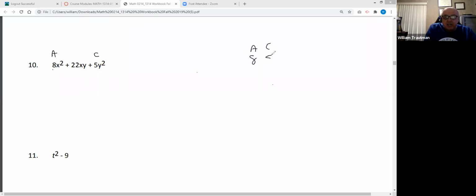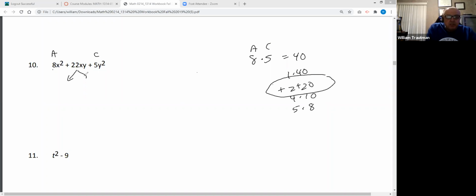8 times 5 is 40. So I have 1 times 40, 2 times 20, 4 times 10, and 5 times 8. Which one equals 22? That's pretty easy. A plus 2 and a plus 20.